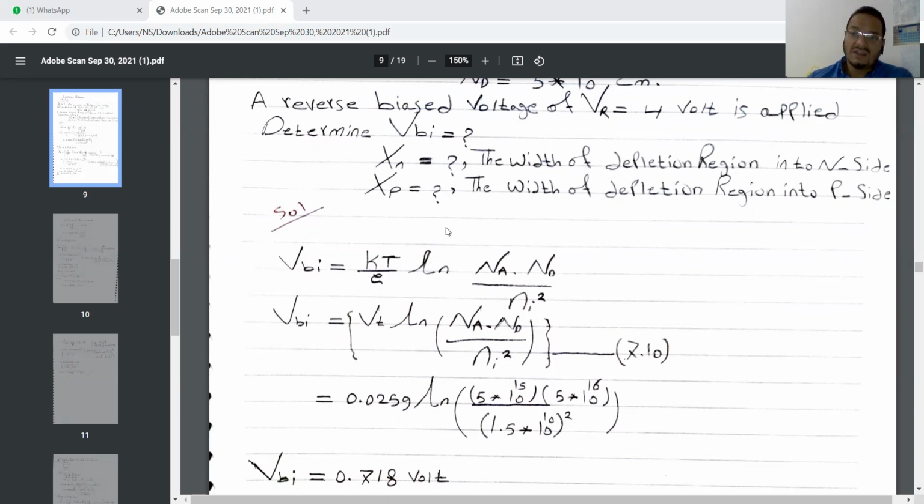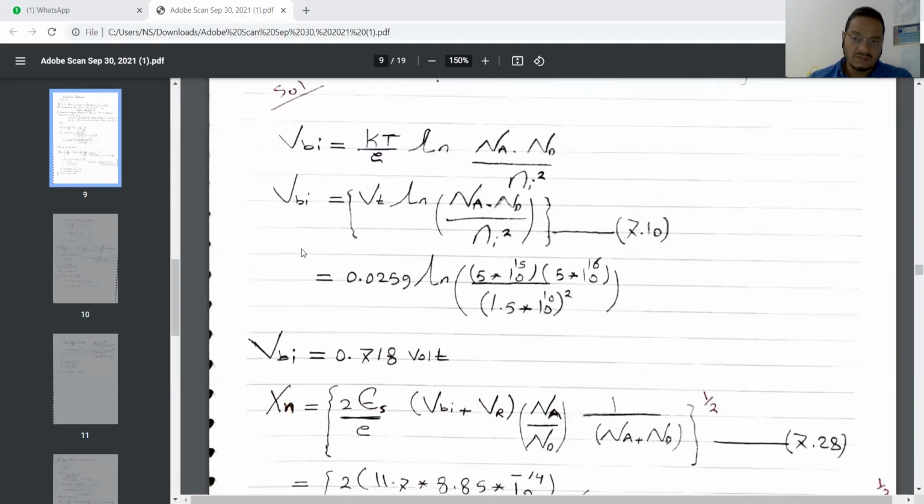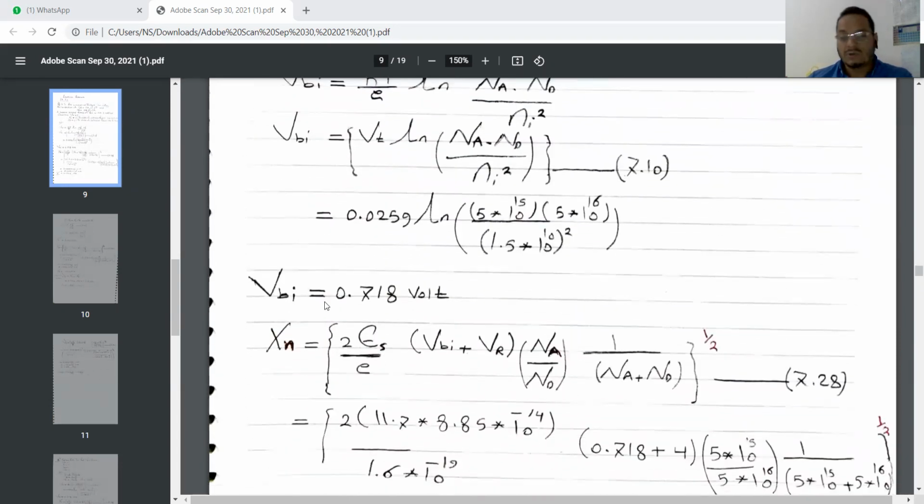Here ni at room temperature for silicon equal 1.5 × 10^10. Yes. Here we calculated it. Built-in barrier potential voltage equal 0.718 volts.